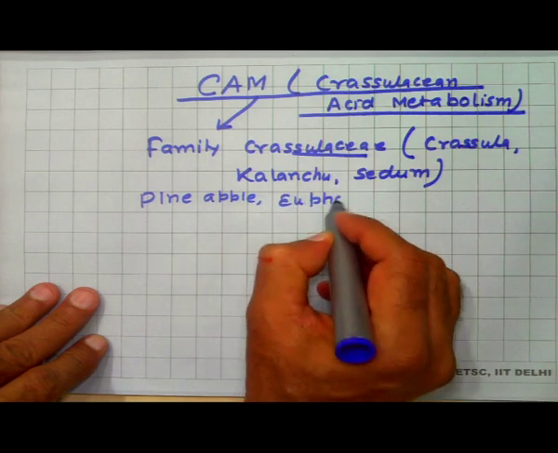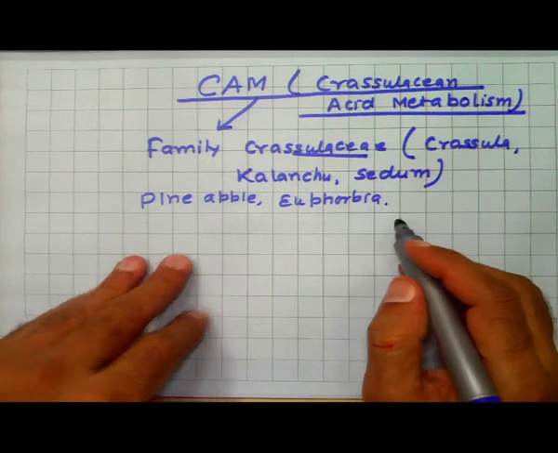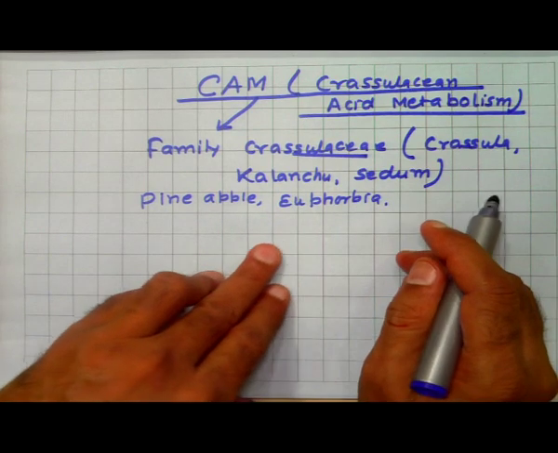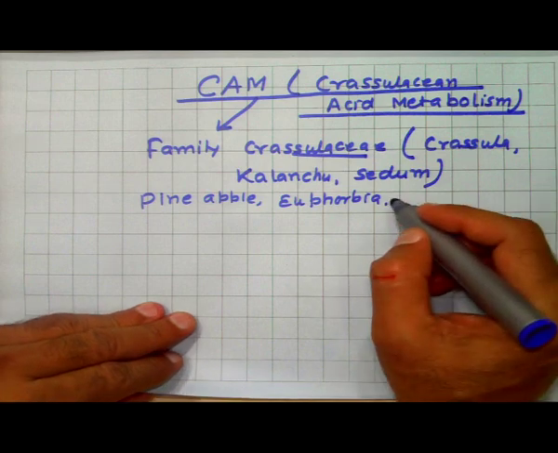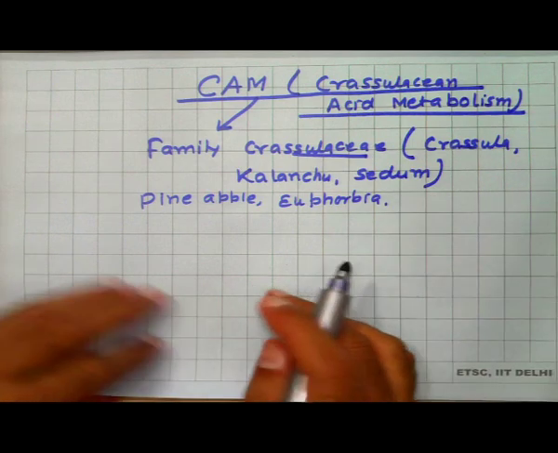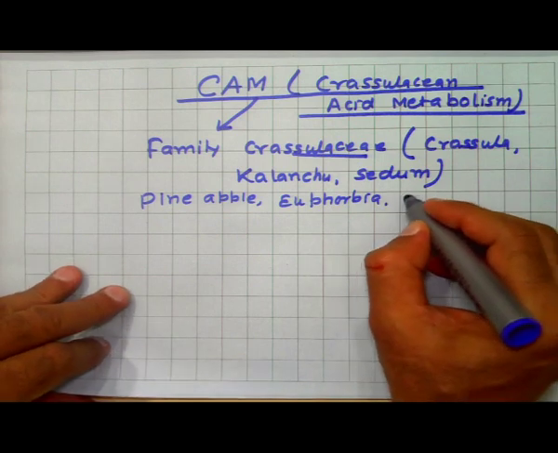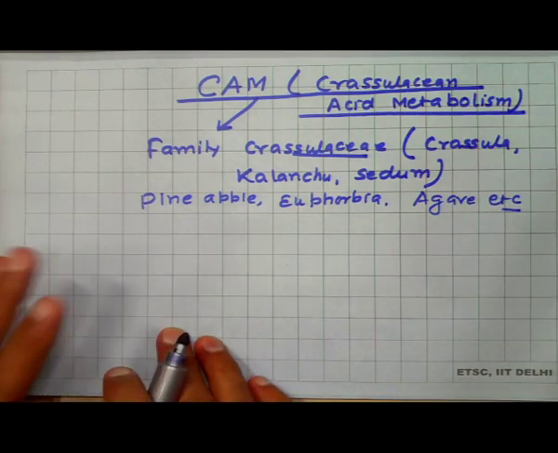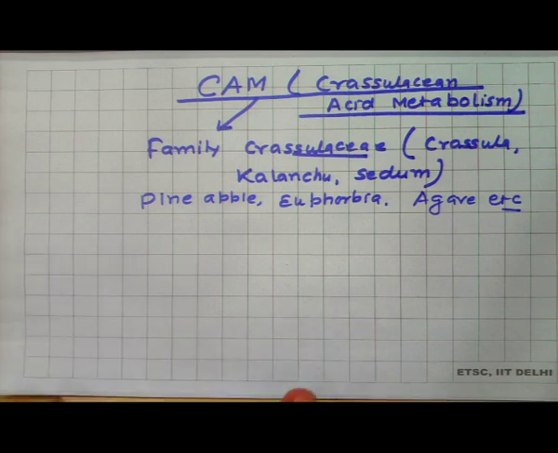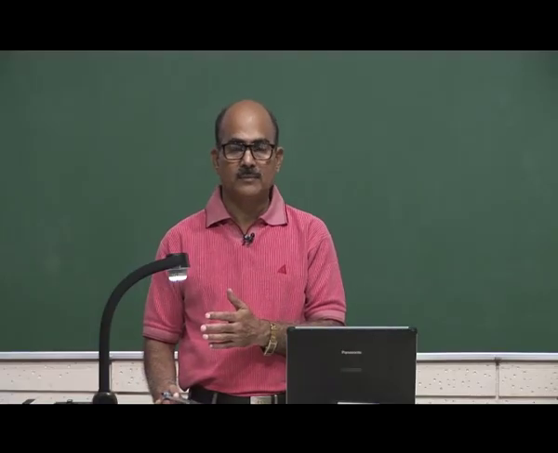Euphorbia, as we have already discussed in Euphorbia maculata, Euphorbia genus, where both C3 and C4 are present, agave, etc. The crassulacean acid metabolism takes place in hot and dry conditions, and in these cases the stomata of that particular plant close during the day hours and open during the night hours.